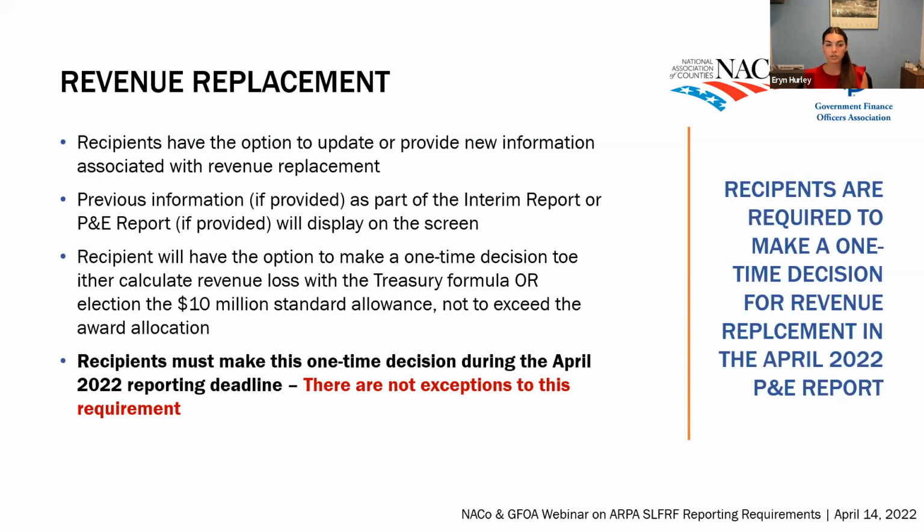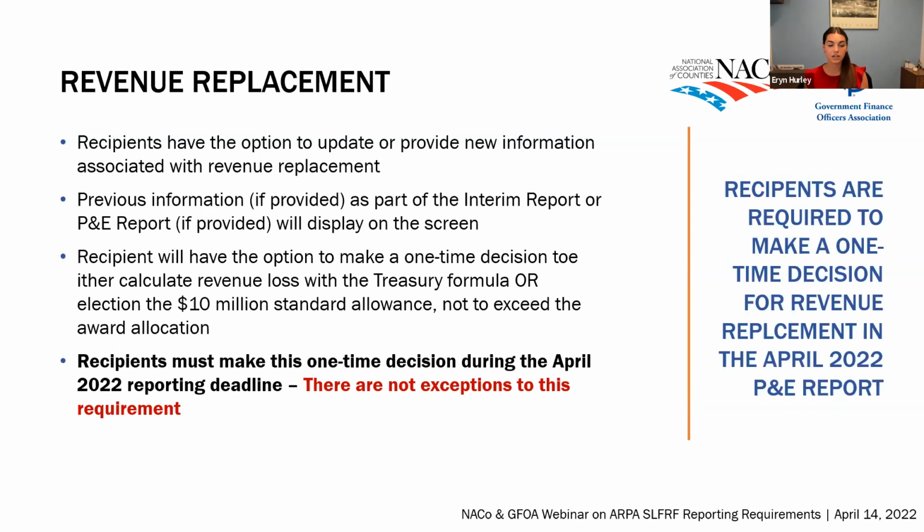I also do want to mention, and maybe we can post the link in the chat later, there is a calculator that GFOA had created. It's on NACo's website and on GFOA's website. Emily, you can speak more to this, but they have created a downloadable Excel sheet that has the formula embedded in it. You can fill out each one of your revenue streams.